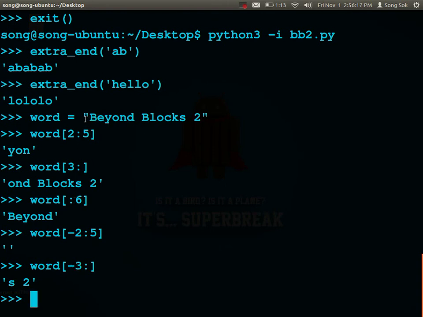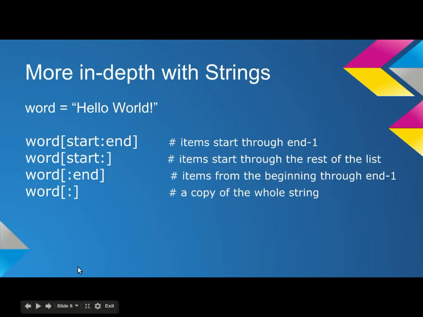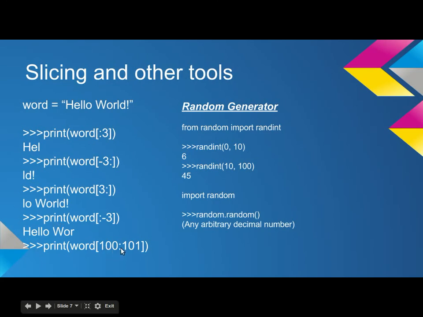So 0, -1, -2, -3, right? So it starts here, and then you tell it to print the whole thing after that part. So it's s blank 2. That's why it's s blank 2. Okay? So we're gonna move on.